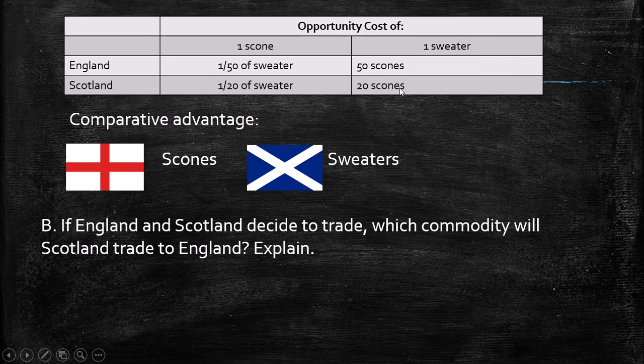So the next question: if England and Scotland decide to trade, which commodity will Scotland trade to England? Explain. So again, remember that the trade is going to be based on the comparative advantage of each country.